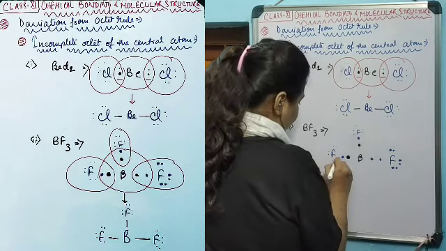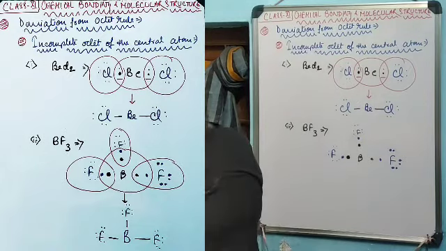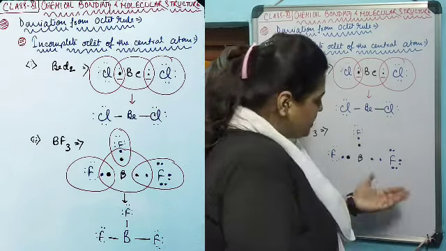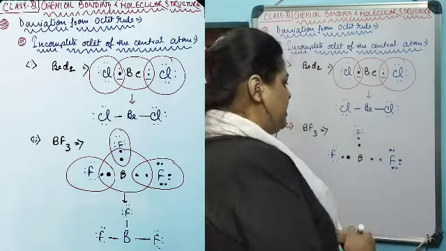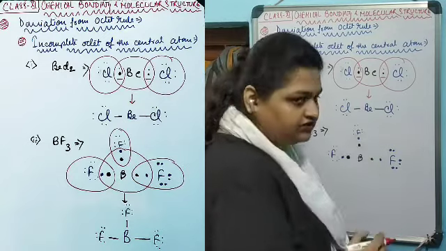Each fluorine contains 7 electrons in its valence shell, and 1 electron from each fluorine is pairing up with one of the electrons coming from boron, and both the electrons of each pair are shared by both fluorine and boron.